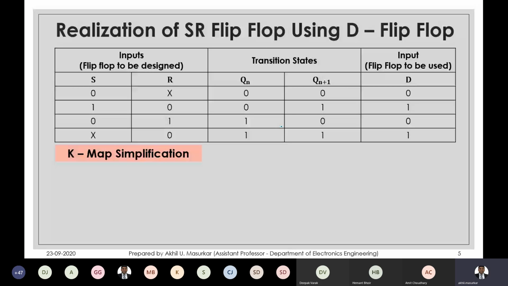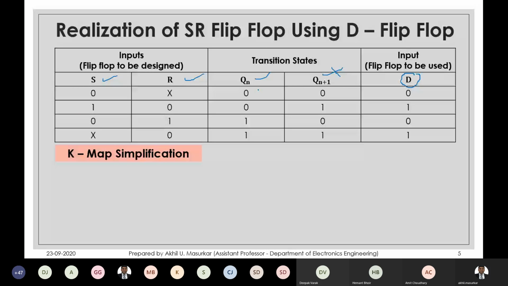So now we have K-map simplification. Please understand that S, R and Qn are now my inputs, and I am trying to find out what is the value of D. So actually Qn plus 1 is also not required. But since transition states have Qn plus 1, we are just writing it down.